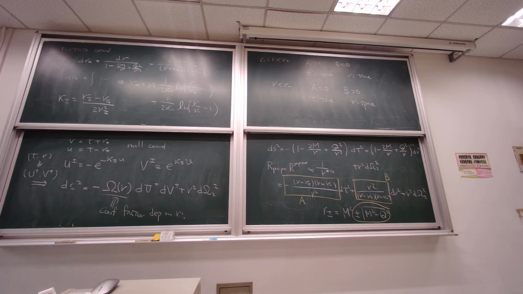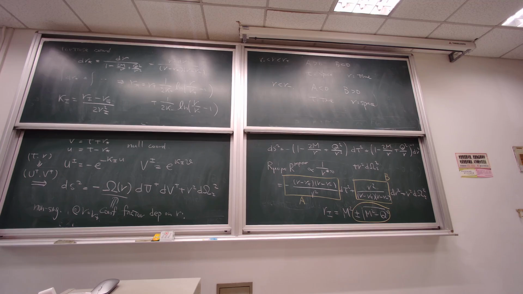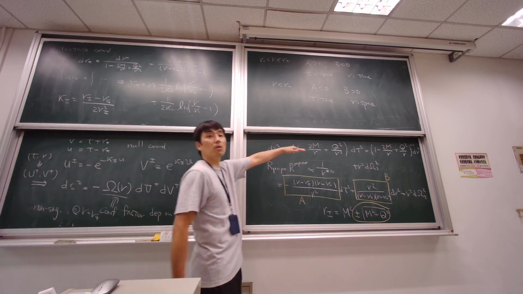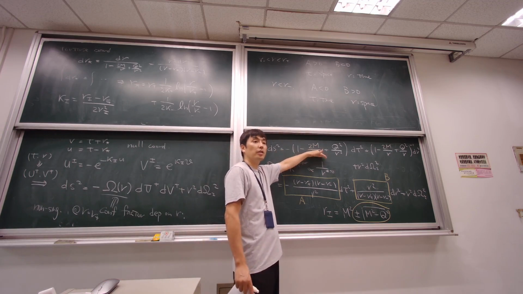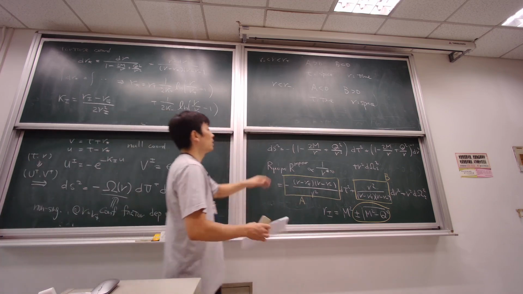And the important thing is that this is smooth, or rather non-singular, at r equal to r plus in this case. So therefore, we can avoid this coordinate singularity in the metric if we introduce r star. Okay, fine.